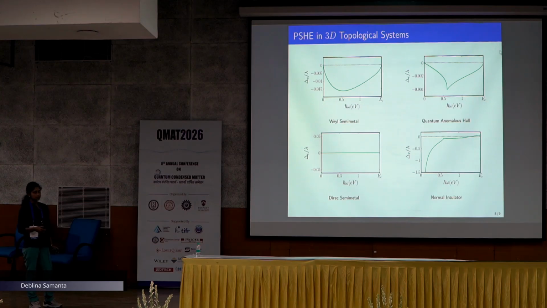And again we have done the same thing for 3D, two different topological phases, quantum anomalous Hall versus normal insulator. Here you can see if we are in QAH phase, that is a topological phase, here it is always negative, but if we are in trivial phase, that is normal insulator phase, you can see there is sign change here.